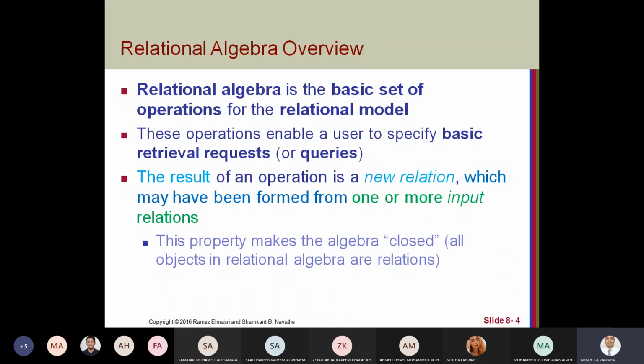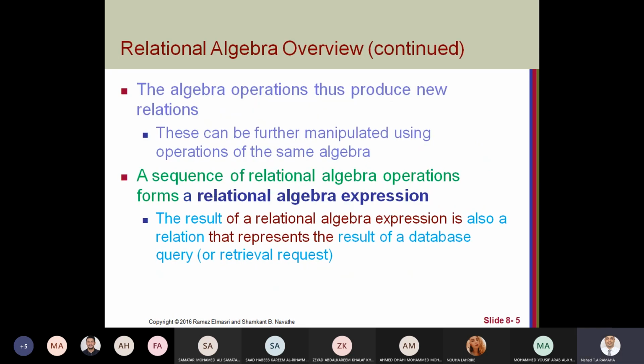For binary, the output will come from two or more input relations.